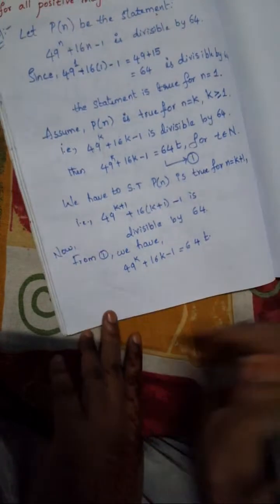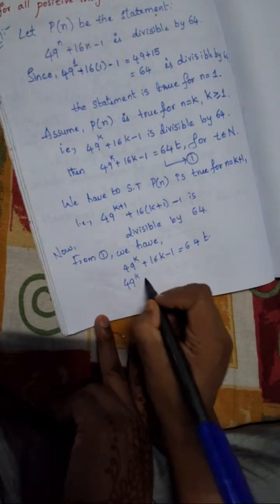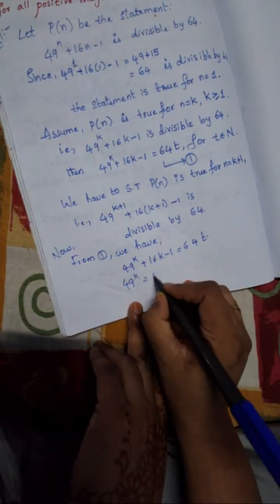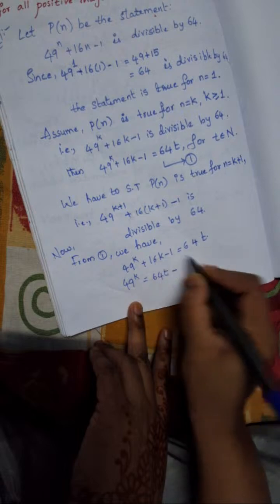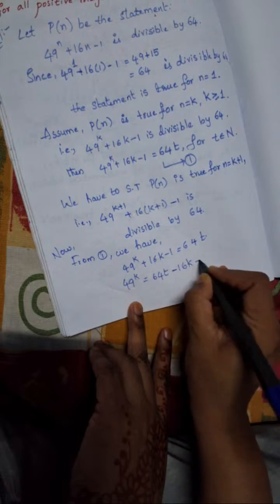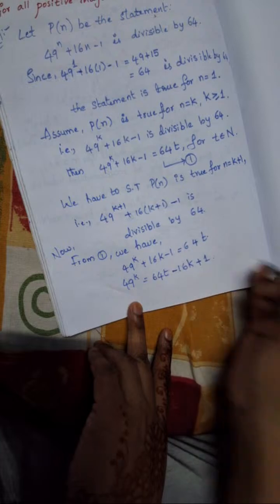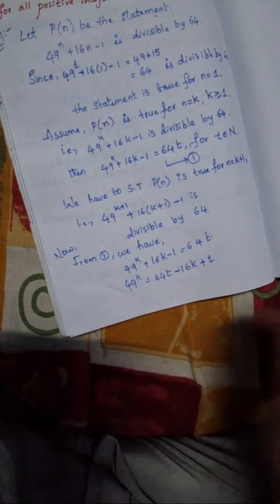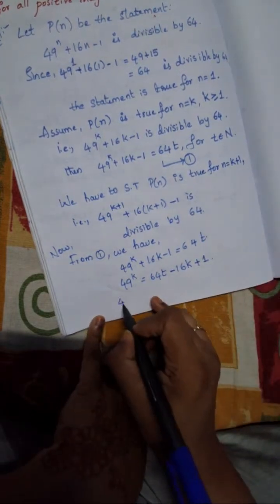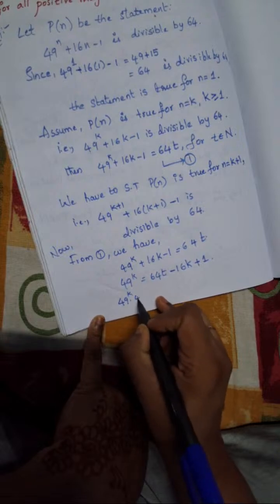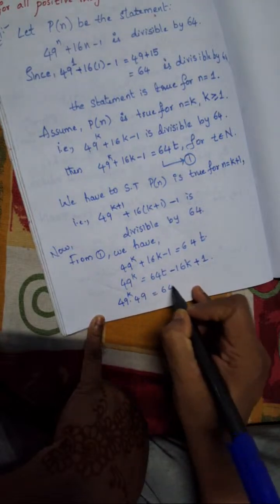Okay, now 49 power k is equal to 64t minus 16k plus 1. This comes to this side, so it becomes minus, and this one is plus 1. Now I am multiplying 49 to both sides.